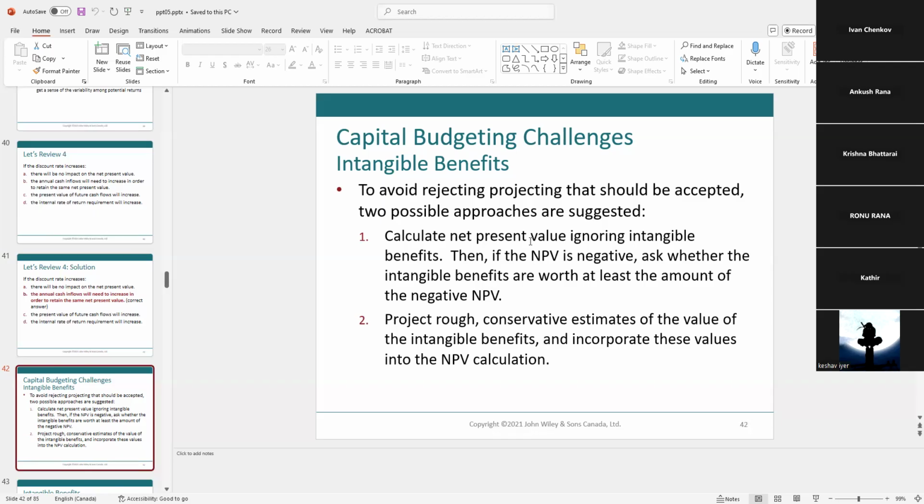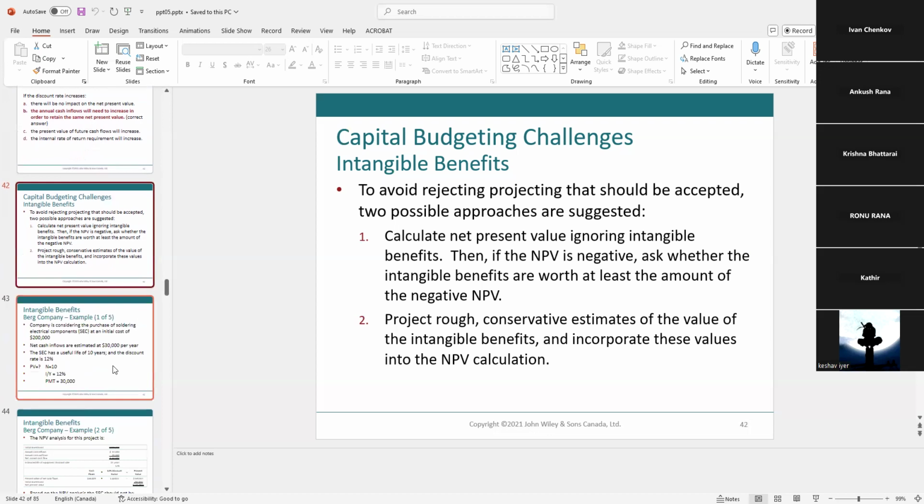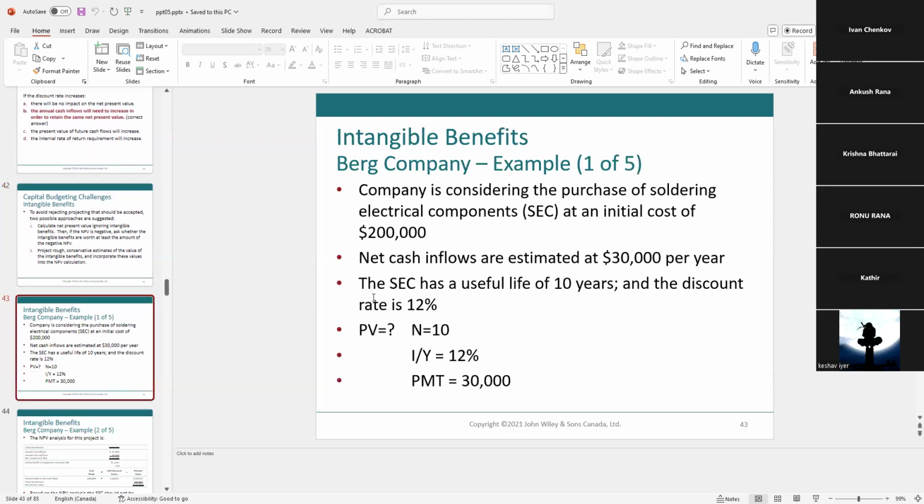Then, if the net present value is negative, check the intangible benefits you may have. Project rough, conservative estimates of the value of the intangible benefits and incorporate those values in the net present value calculation. That will be another way to adjust the net present value.